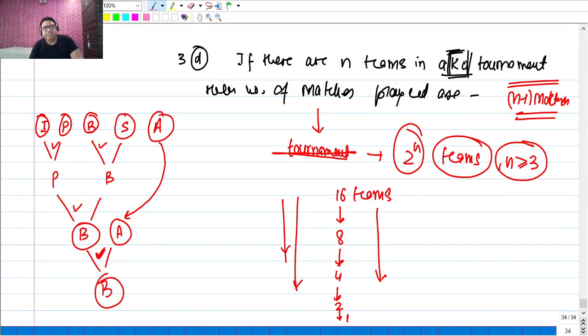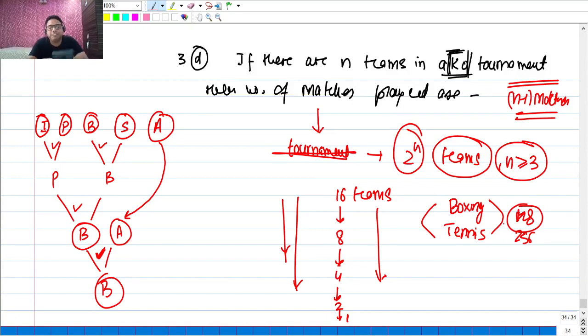And that is the reason you would realize that any knockout sports like boxing, tennis, would always have 128 participants or 256 participants. I know 128 participants, right? Why? Because 128's half is 64, half is 32, half is 16, and 16's half is 8, and 8 means quarter final, and 8's half is 4 means semi final, 4's half is 2, which means final, isn't it?